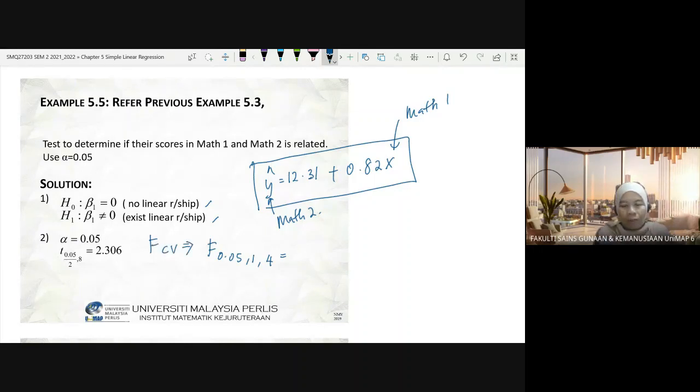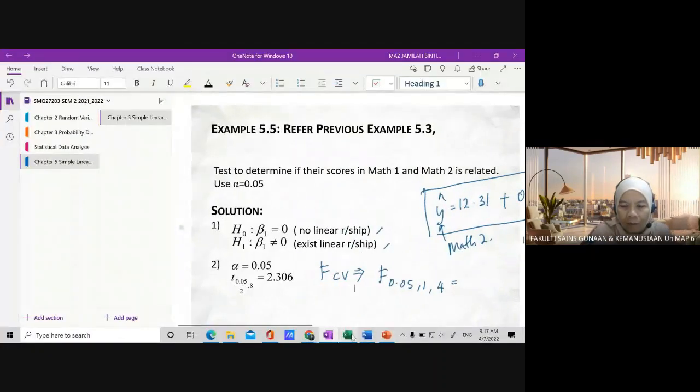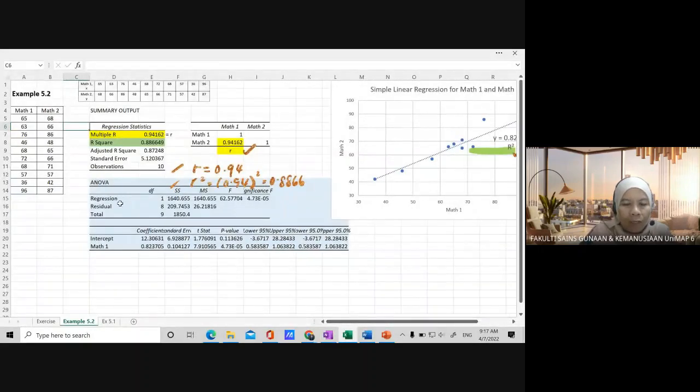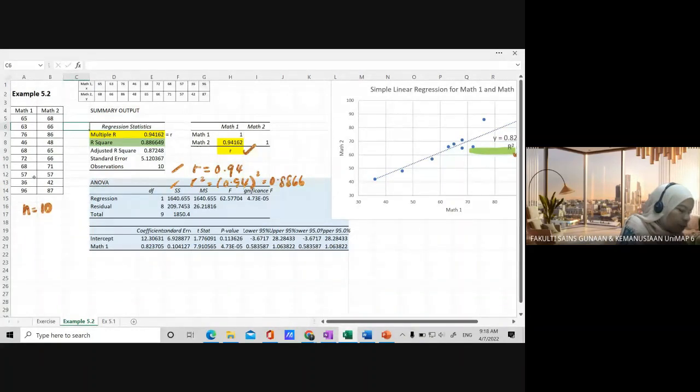Let us look at our model just now. Where do I get this value? Sorry, counting 1, 2, 3, 4, 5, 6, 7, 8, 9, 10, n is equal to 10.